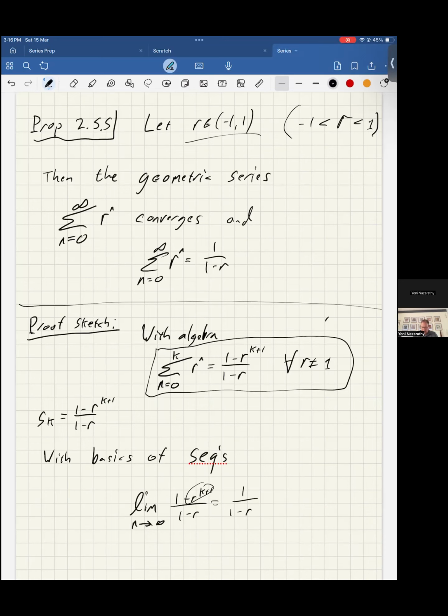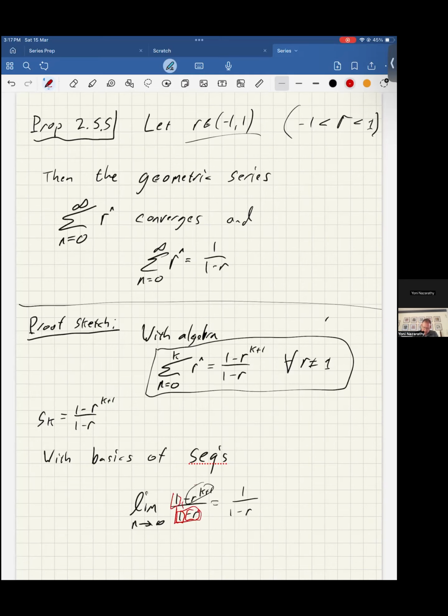You can use the fact that arithmetic operations carry through limits of sequences, so you carry out this limit separately and this limit separately. All of this is just one number, and then you divide by that number.